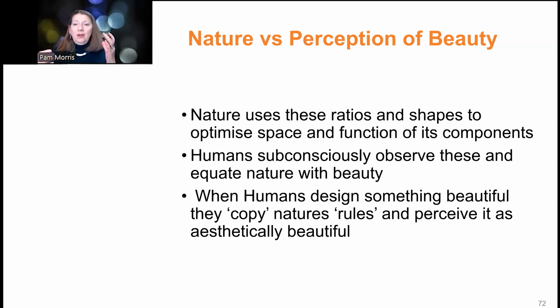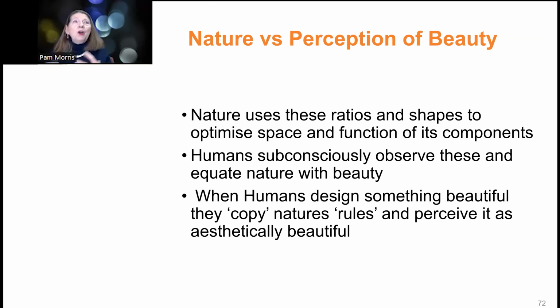So what we believe is that humans have observed nature forever and have an innate love of nature and its beauty. And because nature assembles things with these sorts of ratios, not because it thinks it's beautiful, but because it's the most efficient and functional way of grouping things, are using these numbers.